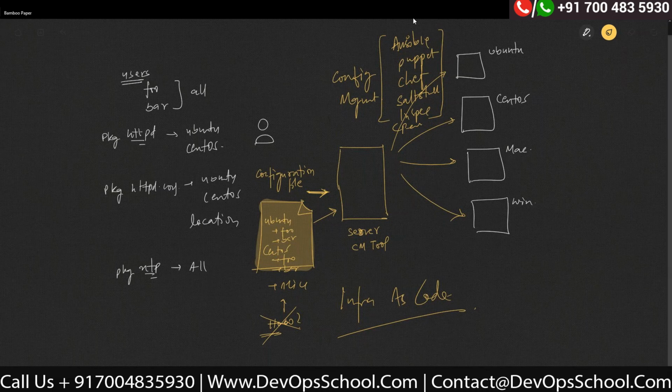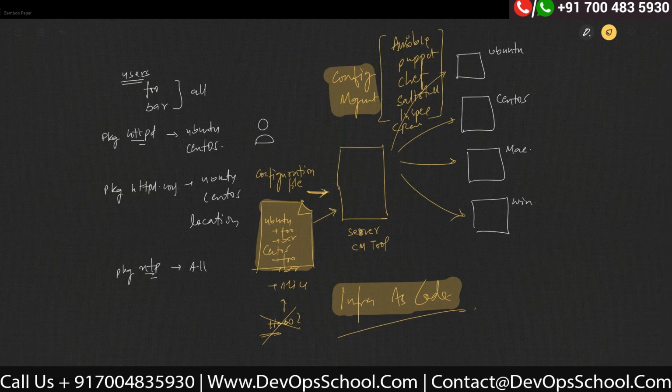Right? So that's what we are going to learn. How do you do this using Ansible? Is this clear? Do you understand what is infrastructure as code, and do you understand what is configuration management? Any questions on the concept here? If you understand, just say yes, that you understood, and that's enough for me.